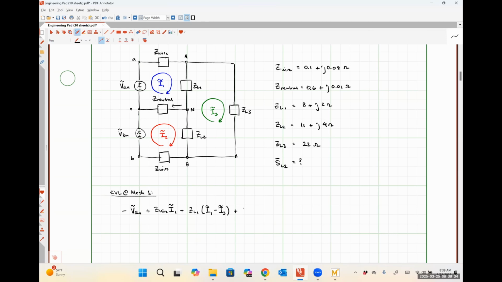Exactly right. So our impedance Z neutral times I1 minus I2. And now we're back to the point where we started from. So I'm just going to set all of this equal to 0. So that's my first KVL equation.